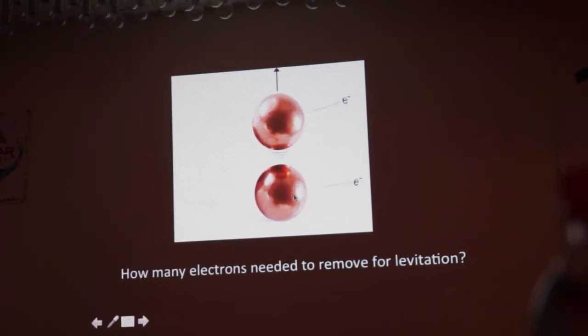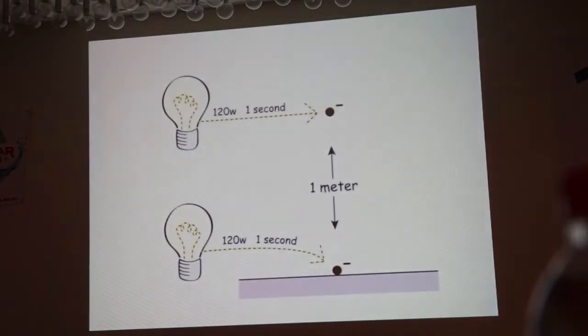And if they repel each other enough, this one will rise up. So how many electrons do you need to remove? And the answer is 1 in 10 million. That's all. It's not really very many charges to remove to get one of these heavy copper balls to levitate.